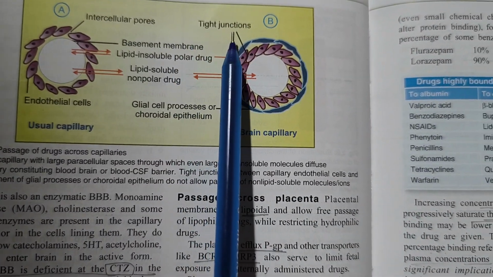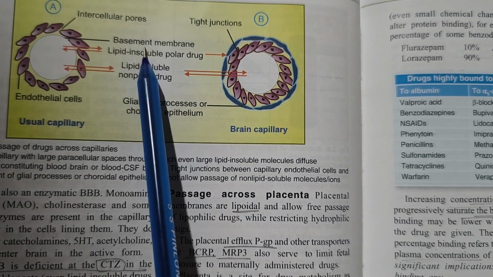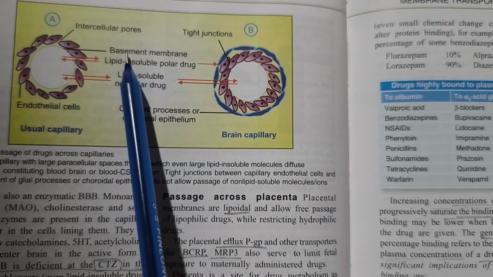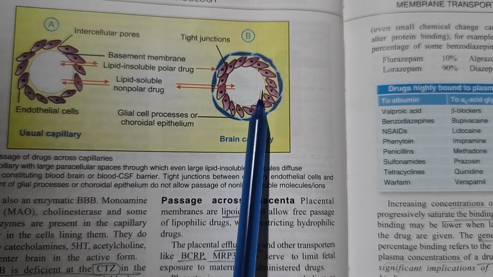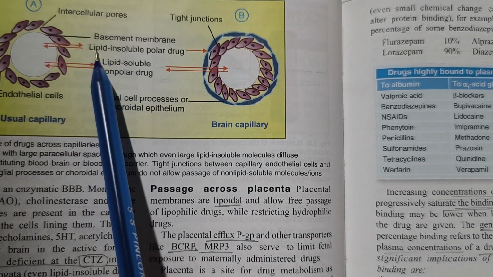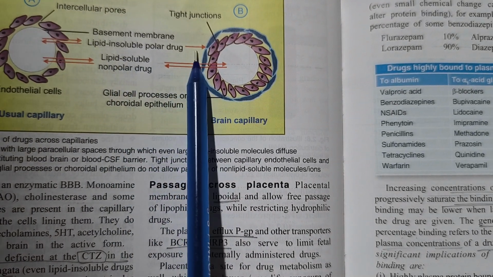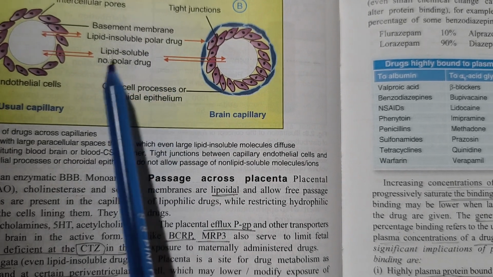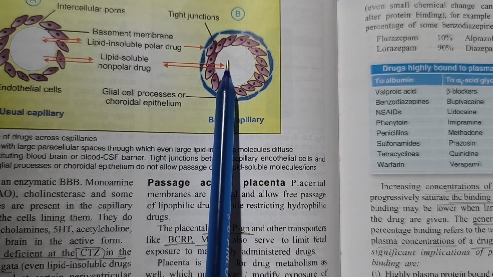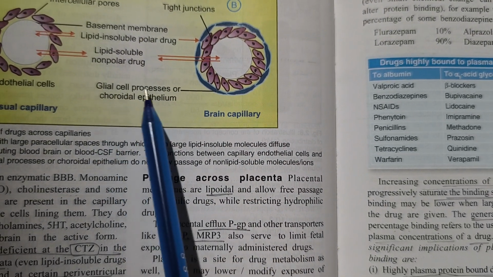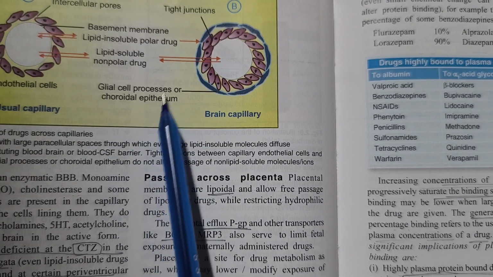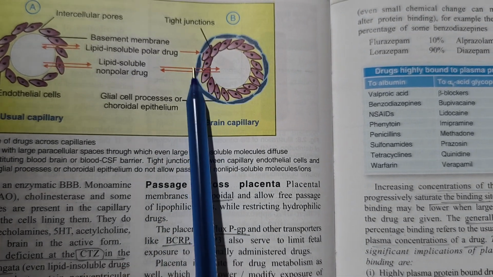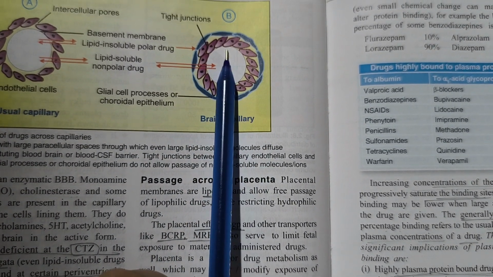This is figure 2.9b, which has tight junction, basement membrane. Here is the basement membrane. Then lipid insoluble polar drug does not penetrate here. Lipid soluble non-polar drug will penetrate glial cell process or choroidal epithelium, which lines the endothelium of the capillary.